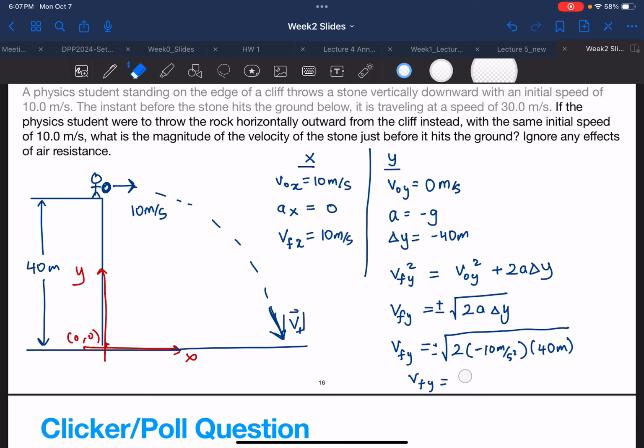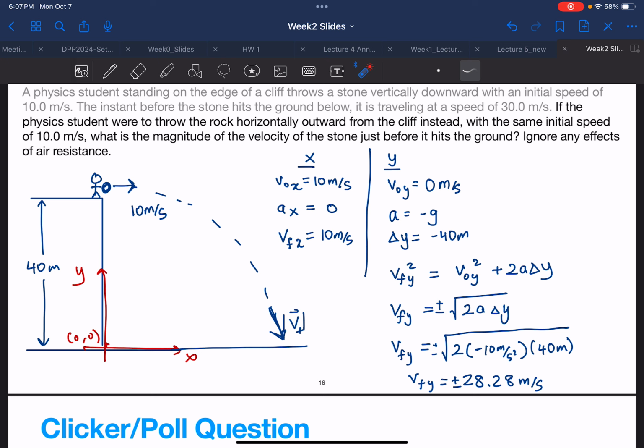So about 20, well, I'm going to go ahead and carry 28.28 meters per second around once we get to the end. A note, this is plus or minus. So we need to choose, depending on the problem, which solution we're trying to look for here.